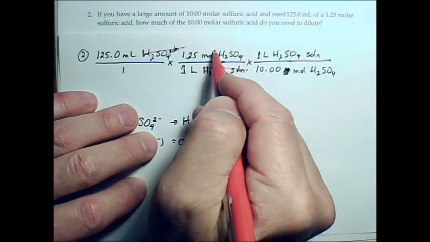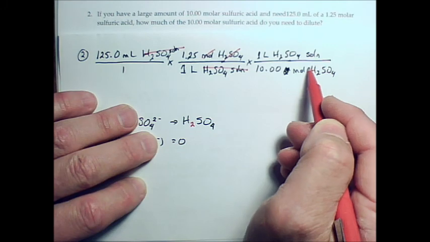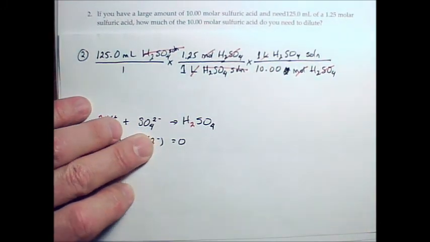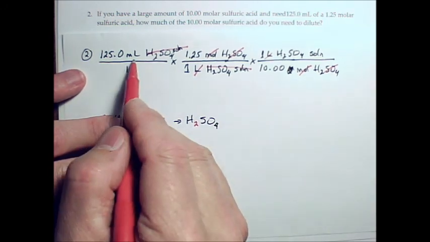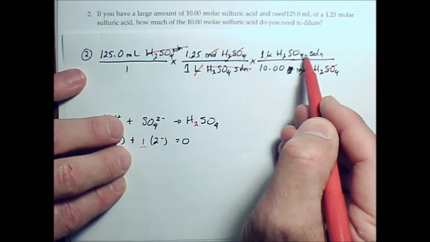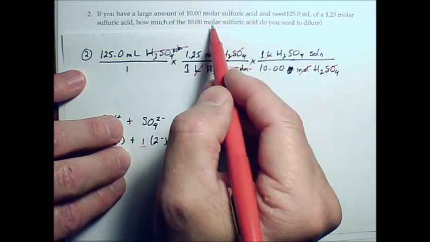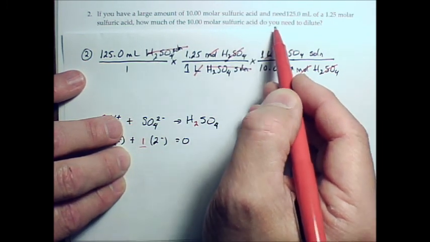I can now cancel moles of H2SO4. I can cancel liters. So when I'm done now, I'm going to have milliliters of H2SO4 solution, which is what I'm looking for. I'm looking for how much of this solution I need.